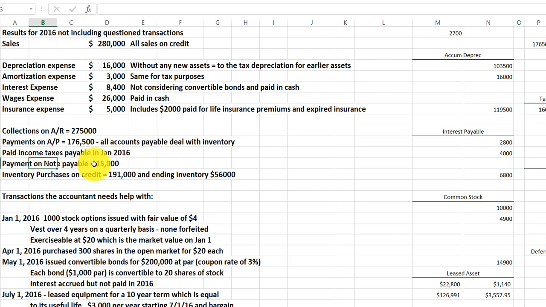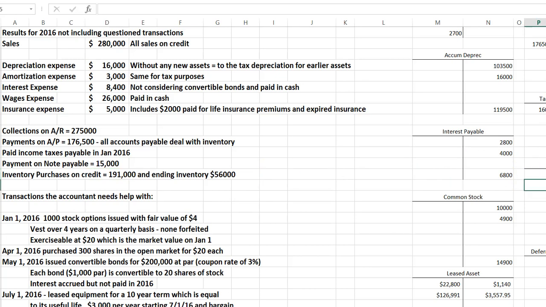We made a payment on the note payable: debit note payable $15,000, credit cash. And then we bought $191,000 in inventory. That would be a debit to inventory and credit to accounts payable. And then we're going to adjust inventory to $56,000: credit inventory and debit cost of goods sold for that.